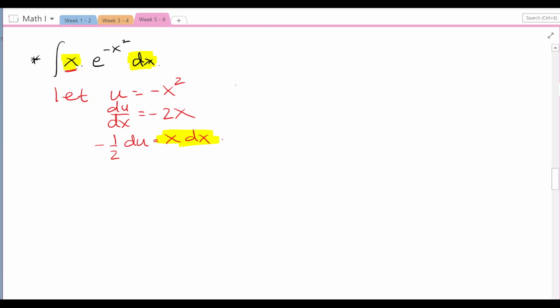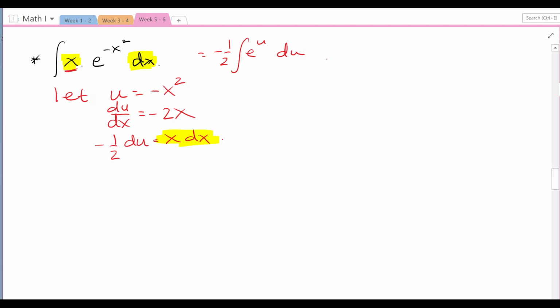So we can rearrange to x dx equals negative half du. We can take the negative half out, and we know that negative x squared is basically u, so the equation becomes negative half integral e raised to the power of u du.